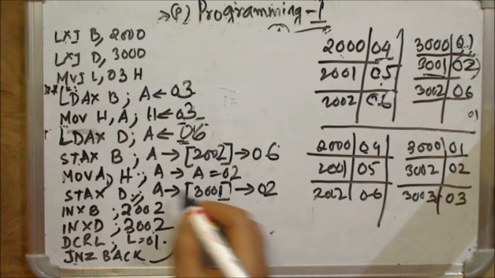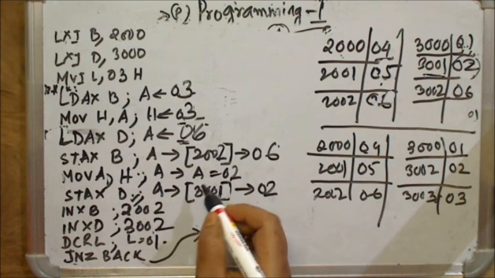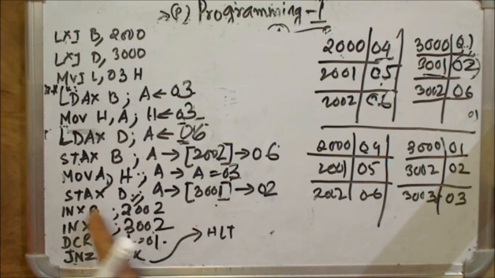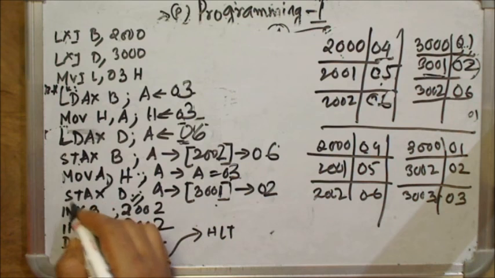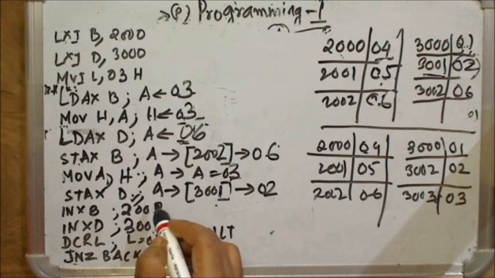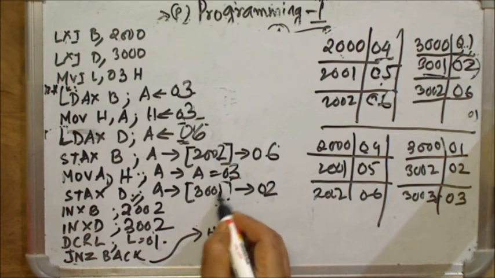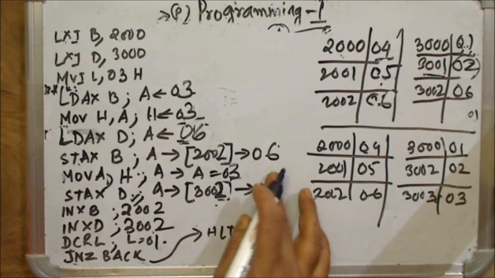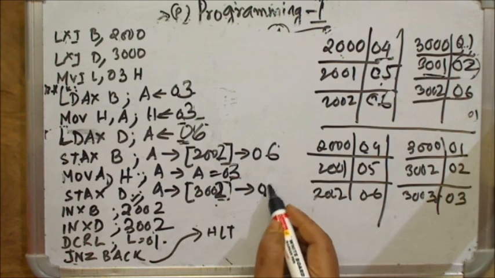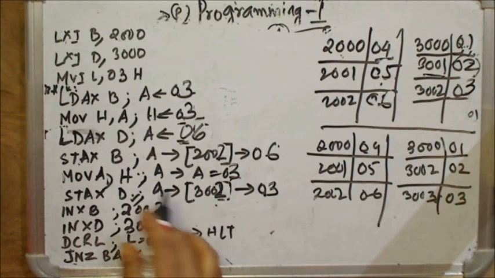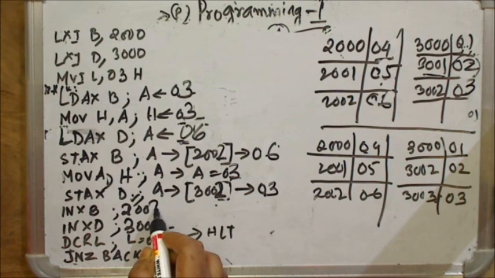Then move A comma H. A will be loaded with the data stored in H, that is 03. A is now 03. Now STAX D, the data of A will be stored in the memory location pointed by DE pair. So 3002 will now contain 03. Okay. So INX B, INX D, it will be now 2003, 3003.